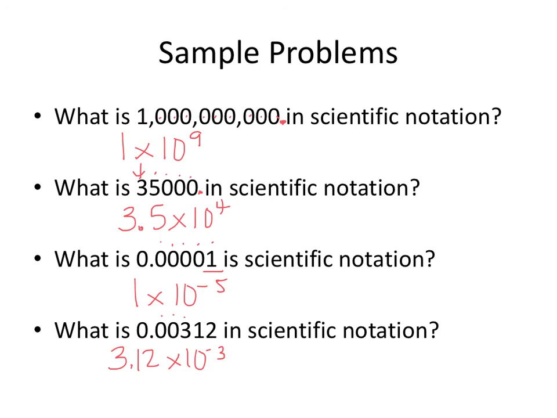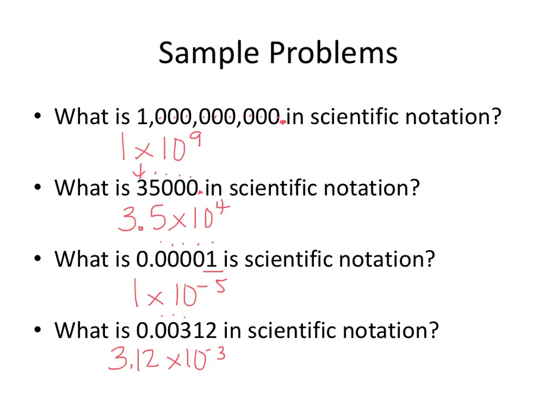So the trick to scientific notation is knowing the minute differences between what you do when you're dealing with a positive exponent and when you're dealing with a negative exponent. The big key thing is with positive exponents, the 1 number in front of the decimal does not count. All right? You count all the digits between that first number and the decimal point to figure out what your exponent is.